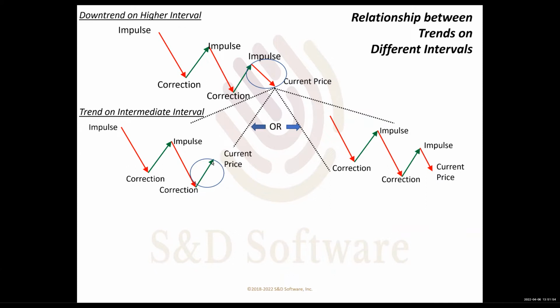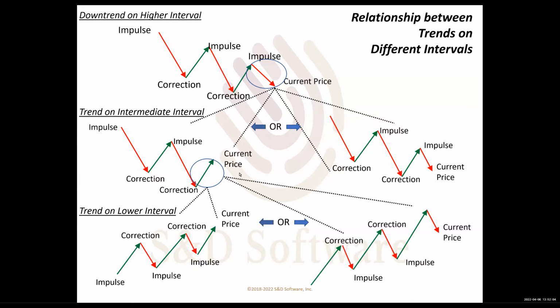We go down to our lower interval, what's that going to become? That's going to become an uptrend. And that's going to end up looking something like this. So this correction on the intermediate becomes the trend on the lower interval.